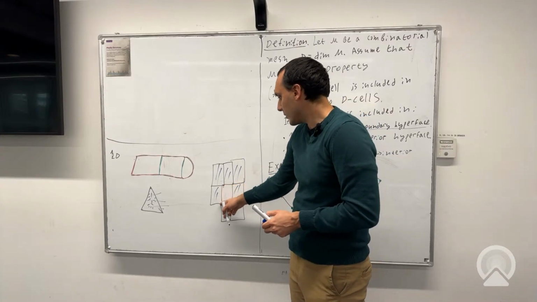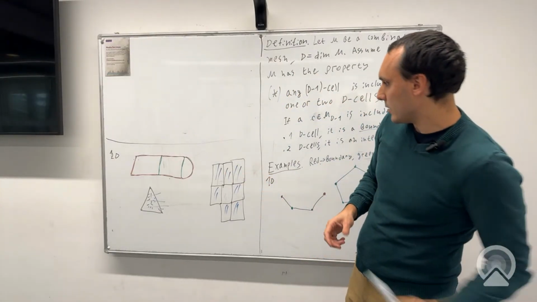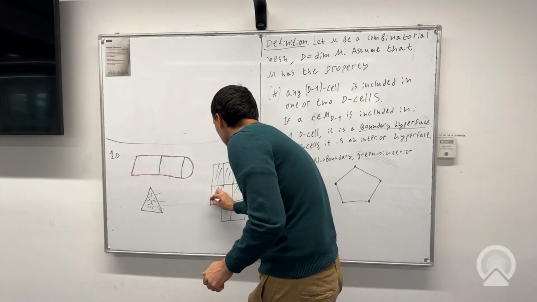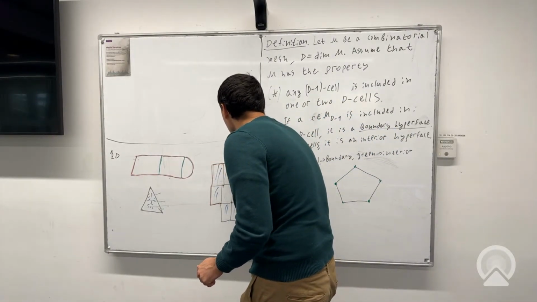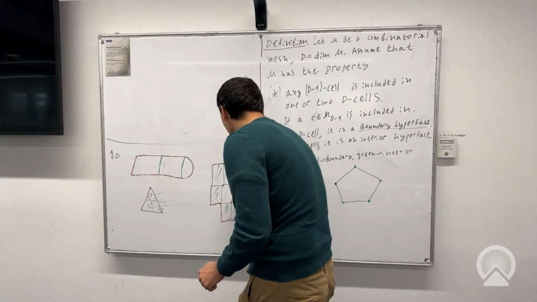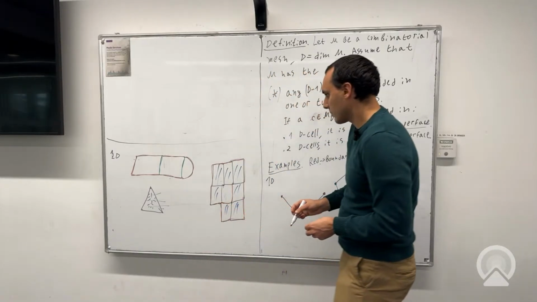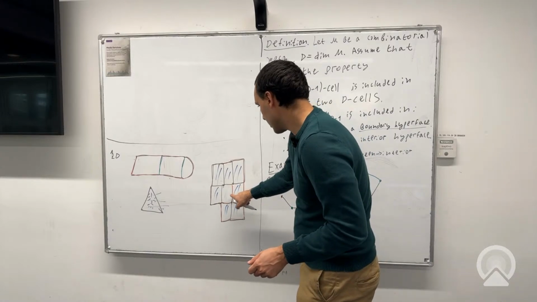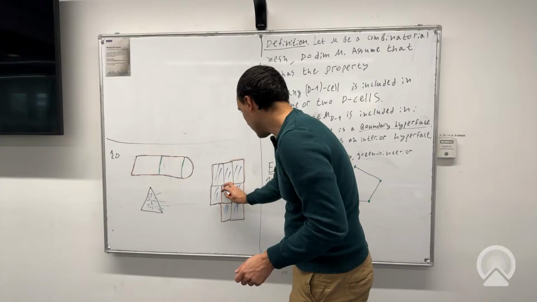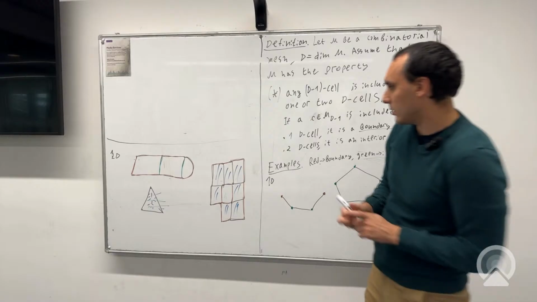This will be, for example, a boundary edge. So the boundary goes like that, but also here as well. And this is also boundary, and this is also boundary, because I don't have this cell here.